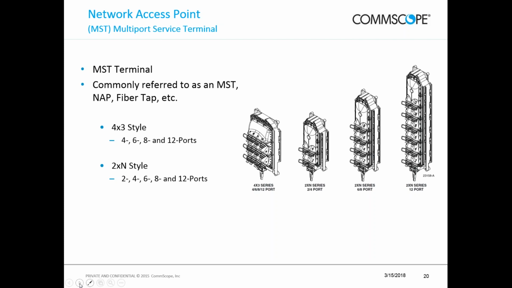That's a really good question. These devices use what we call hardened connectors. And there are devices out there that act in the same capacity as this, acting as a point to grab that signal to run it to the drop, but they are spliced. So there are any number of different types of devices that could technically be called an MST or a NAP, whether they're spliced or use hardened connectors.